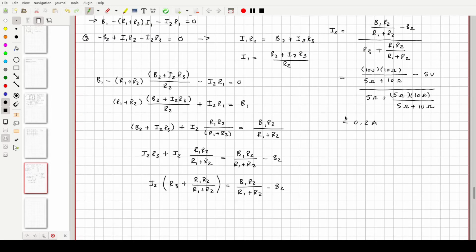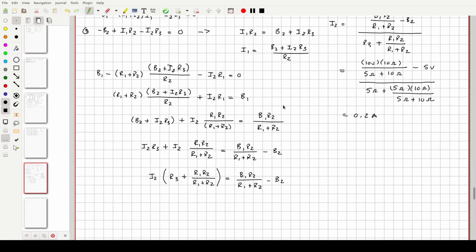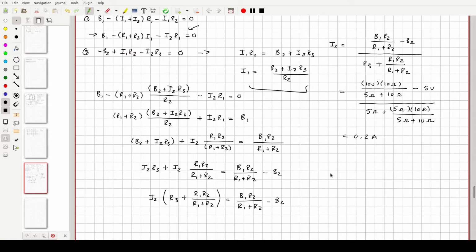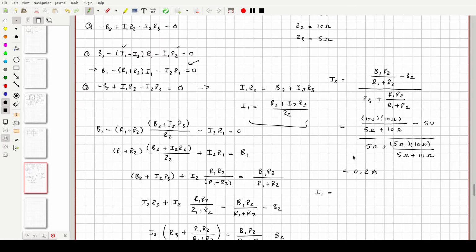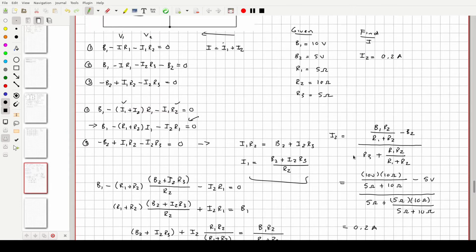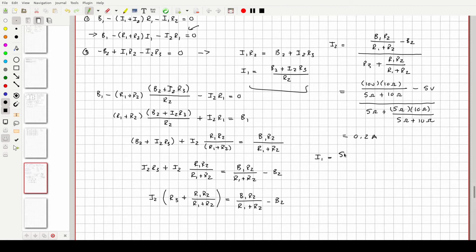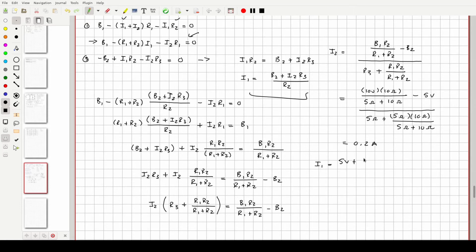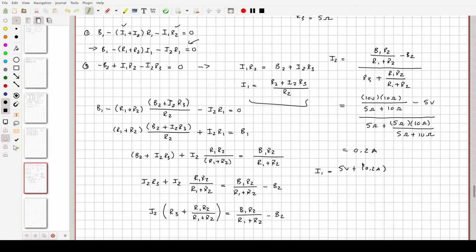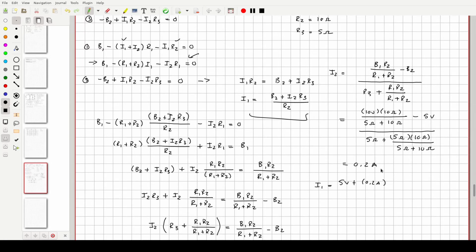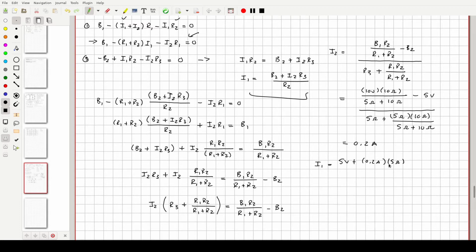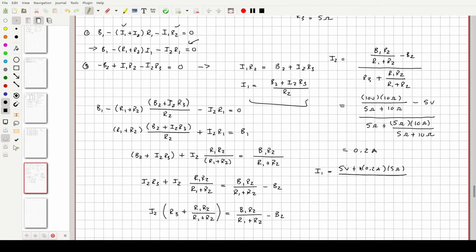So here we have I2. We got I2 originally by plugging in just junk right here, and plugging that into our equation here for number 1. So let's just go ahead and find I1 then. I1 is going to equal B2. B2 is 5 volts. I2 is 0.2 amps. R3 is 5 ohms. And then we're dividing that by R2.